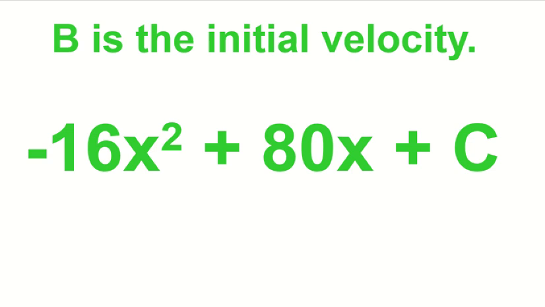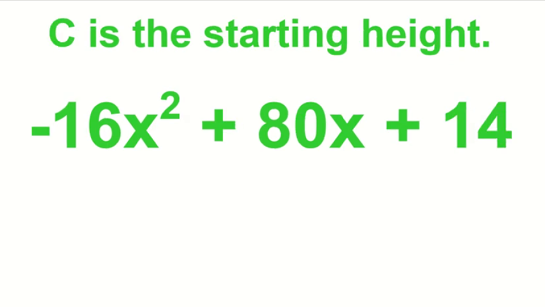The problems that have rockets, a rocket really shoots out there. Usually those are much higher numbers. C then is the starting height. So in this case, I got a starting height of 14. That means someone was probably standing on something or on top of a hill in a problem.